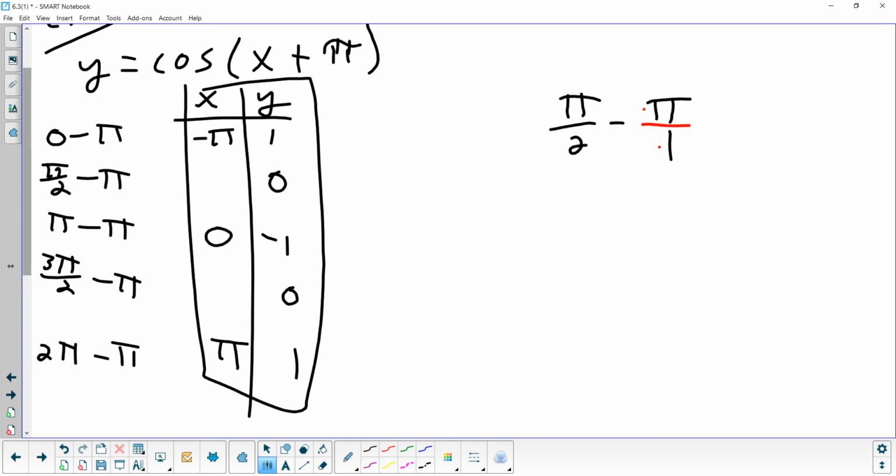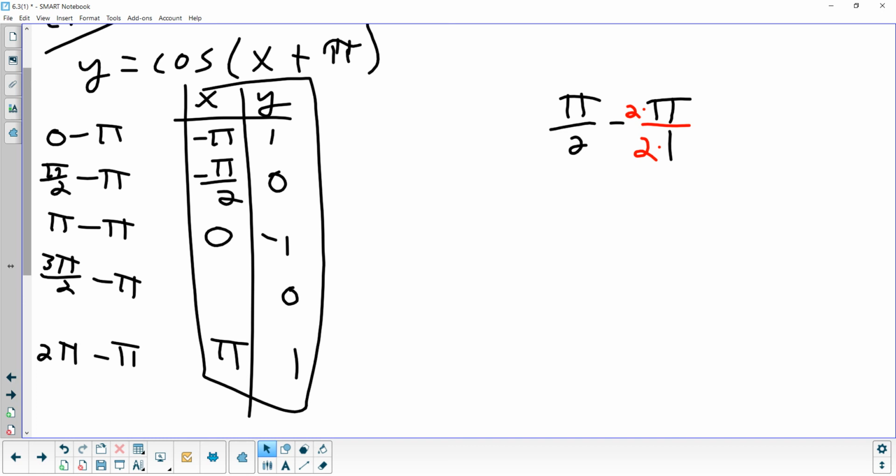So we multiply top and bottom by 2. And Matt, what's 1 pi over 2 minus 2 pi over 2? Negative pi over 2.